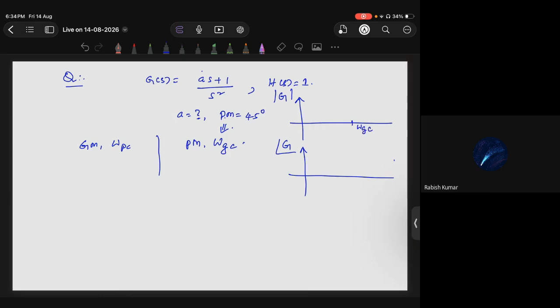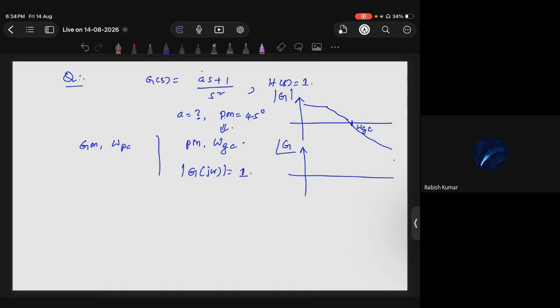The gain crossover frequency is the frequency at which the magnitude plot goes to 0 dB. That means mod Z of j omega equals 1, because log 1 is 0.